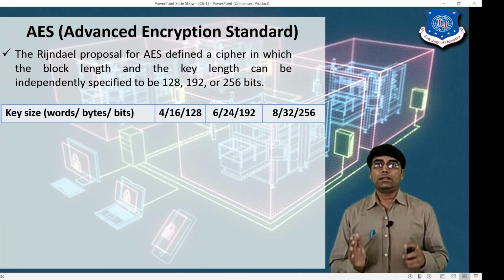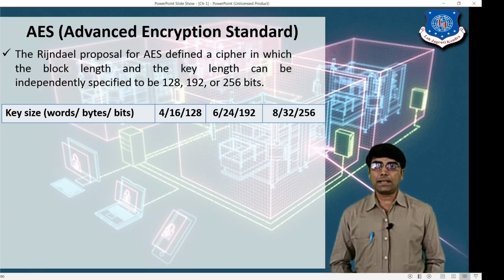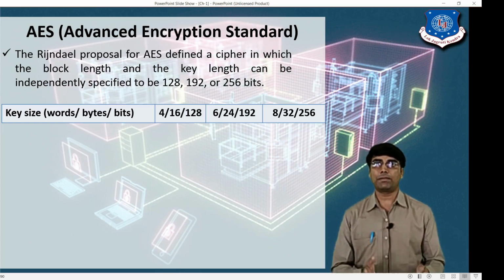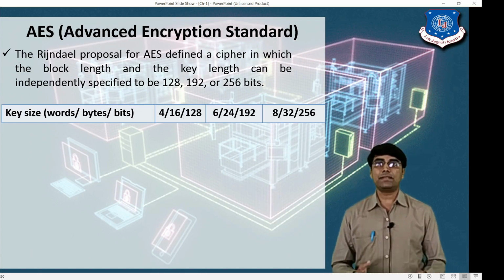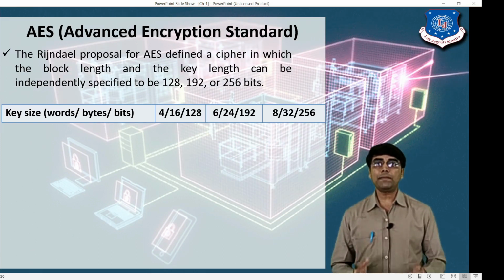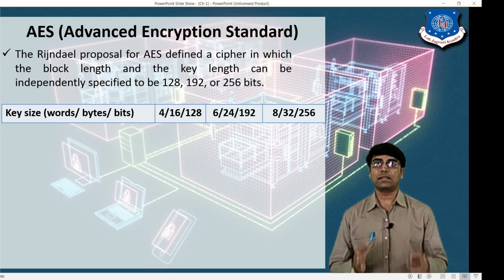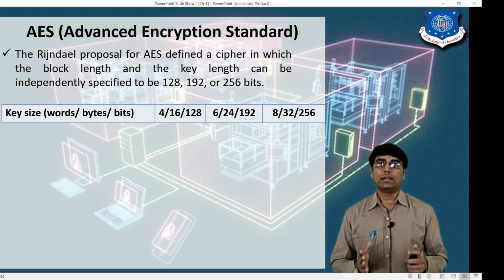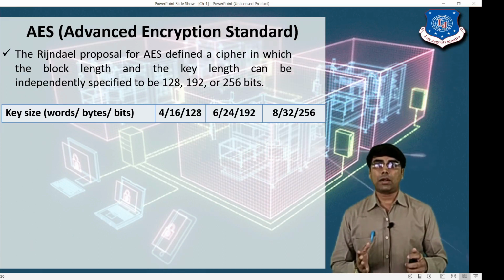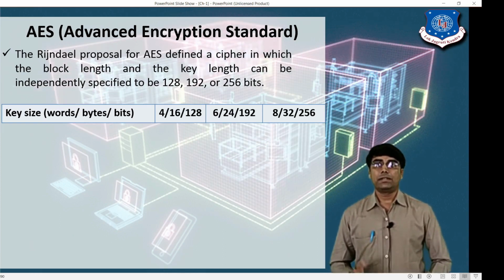Now let's see the different types of block size and the different types of key length. Here the key size is defined in words, bytes and bits. One word equals 32 bits; a group of 32 bits is equal to one word. If we define it in bytes, it is 16 bytes and 128 bits.